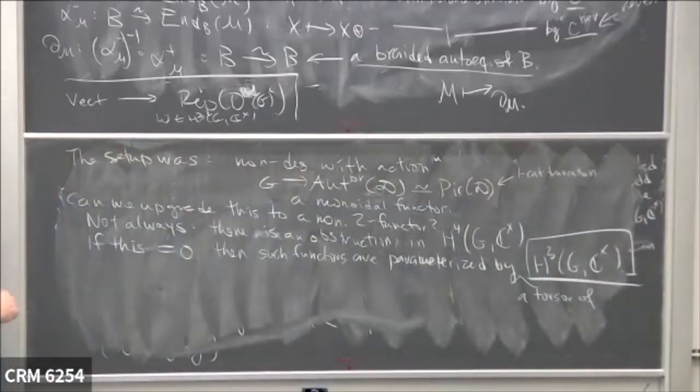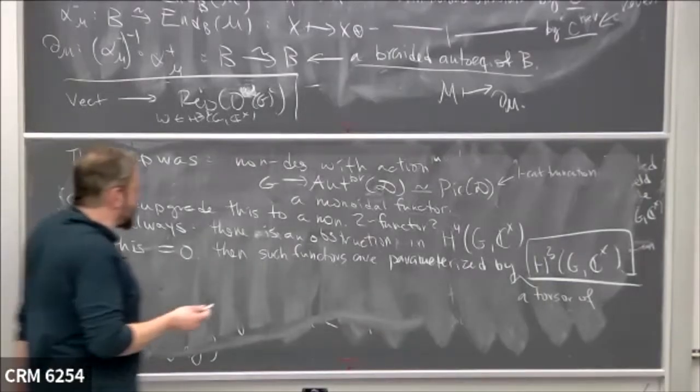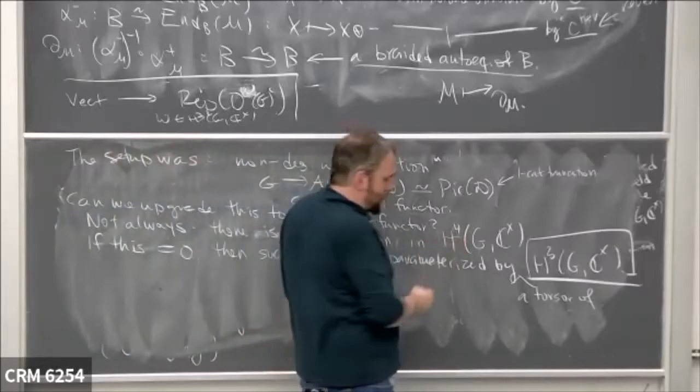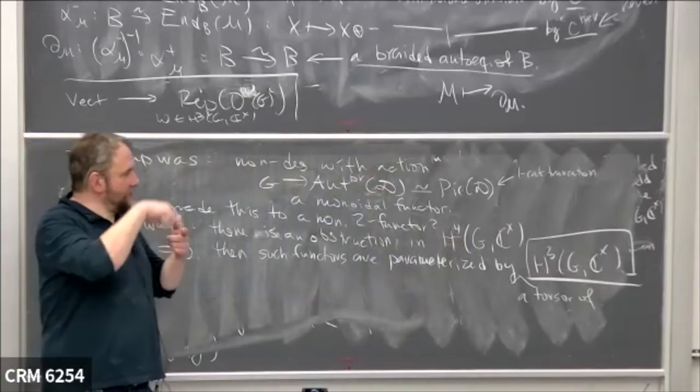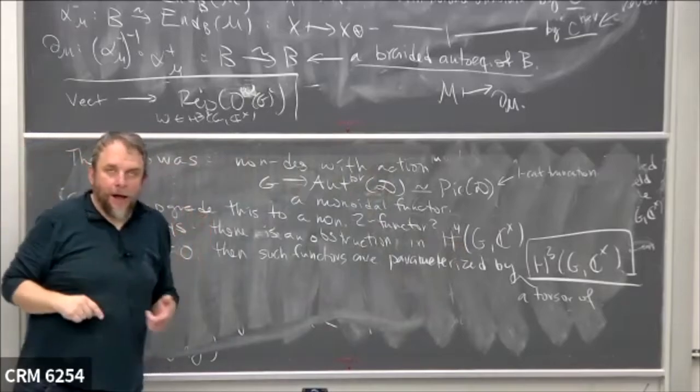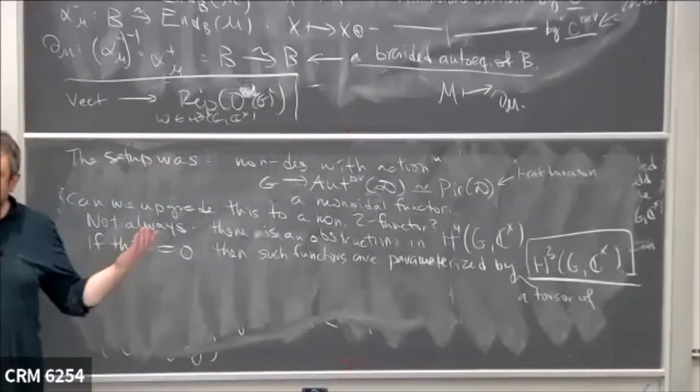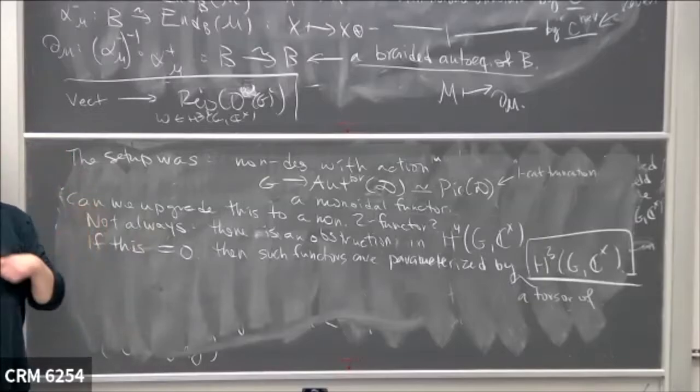Does this obstruction in H4 correspond to the pentagonator in the monoidal two-category? It is, yes. So the appearance of the fourth cohomology is natural. In a monoidal one-category, you deal with triples of objects, and the highest axiom you see is the pentagon.